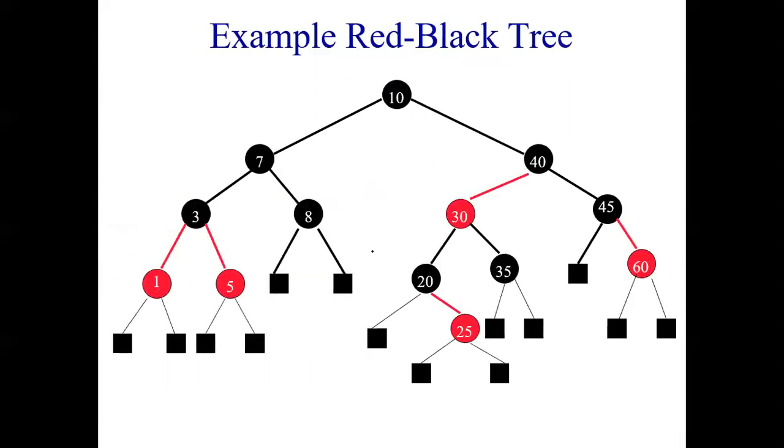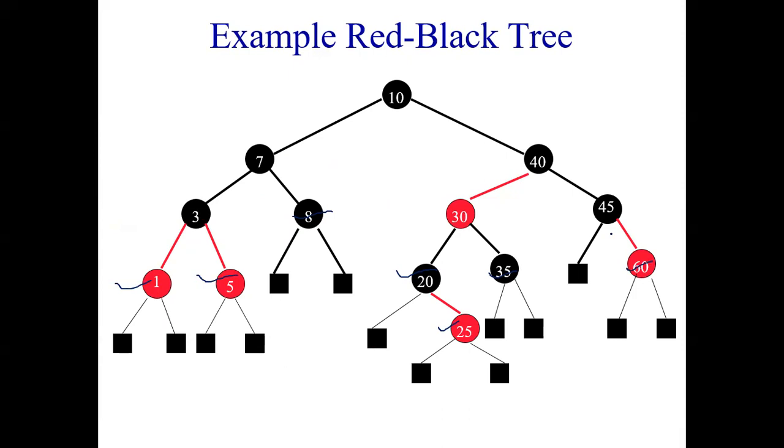Right? Fine. So this is an example of a red black tree. Here you can see that these are the leaf nodes: 1, 5, 8, 20, 25, 35, 60. All these are leaf nodes. 45 has only one child.